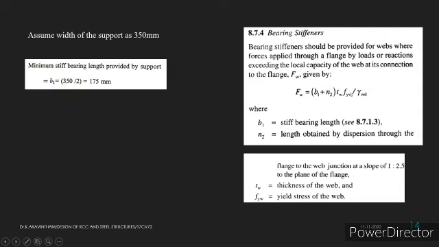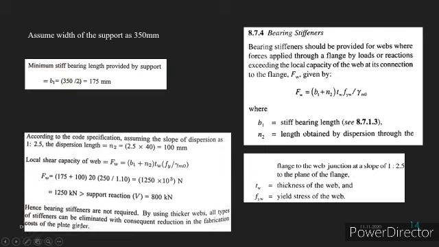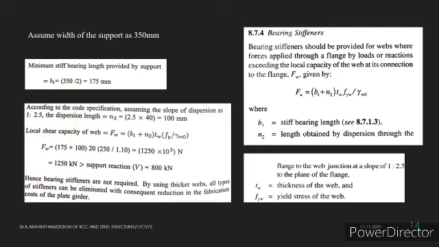There is an equation for this: (b1 plus n2) multiplied by the thickness of the web and the yield stress of the web, divided by gamma m. So Fw will be the force which is acting on the web. We know that b1 is the stiff bearing length, which we have already found out as 175 mm.